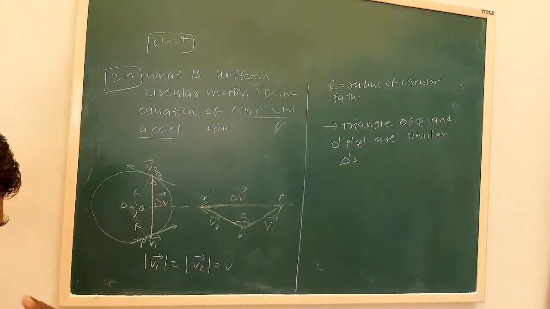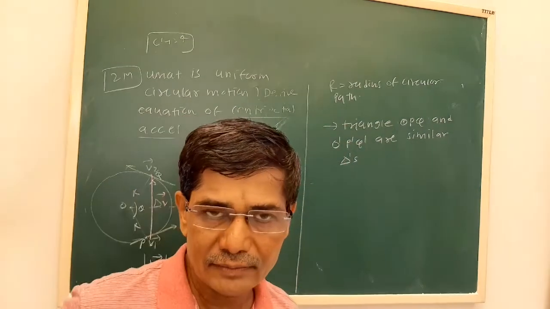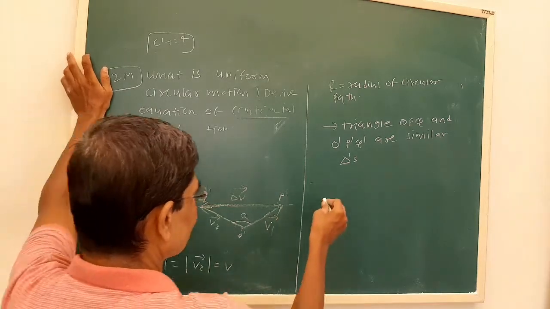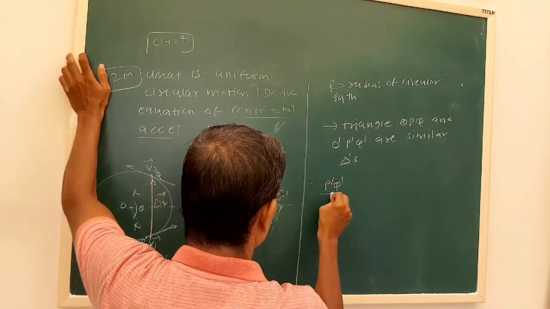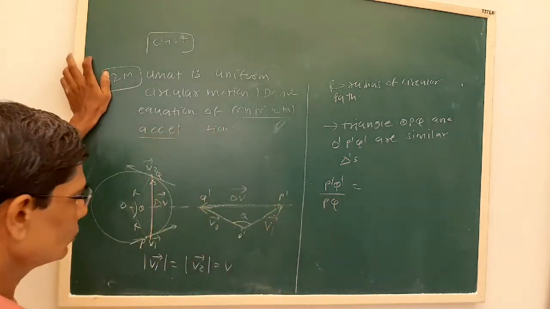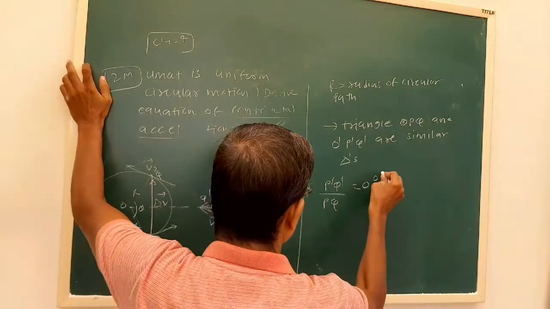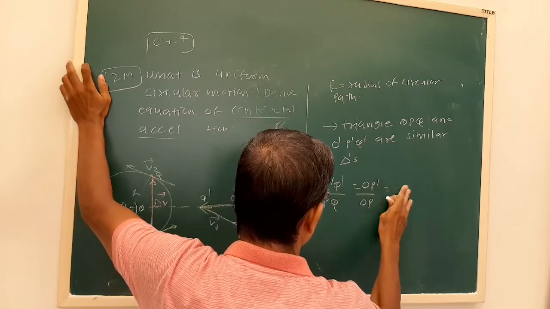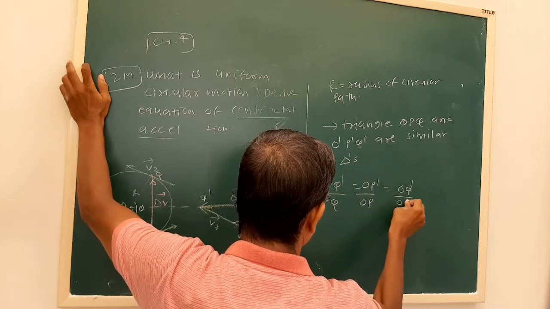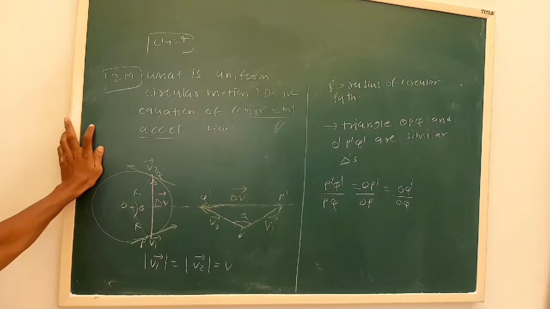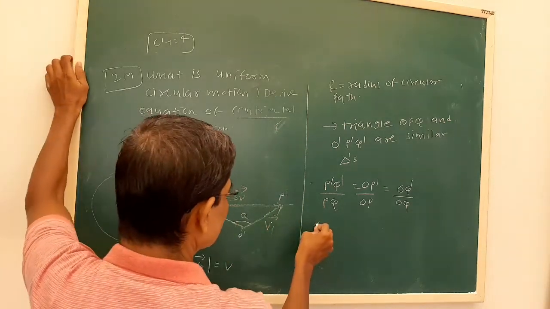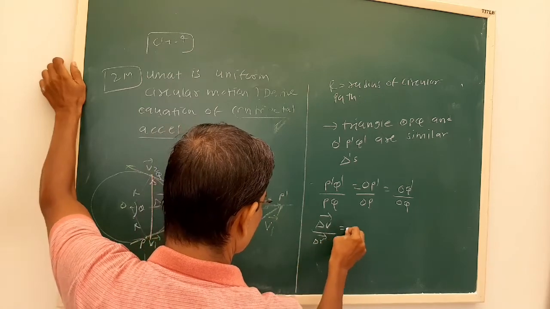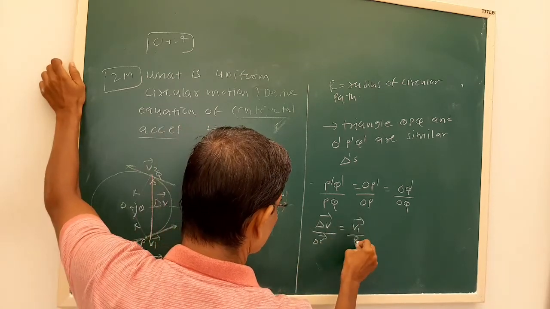Now we have studied earlier, if triangles are similar, then the sides are in proportion. So we can say P dash Q dash upon PQ is equal to O dash P dash upon OP. Now P dash Q dash is delta V, PQ is delta R, and V1 upon R.